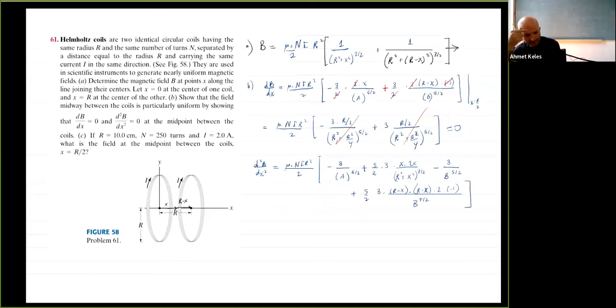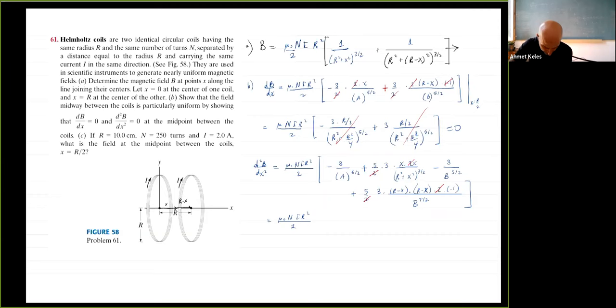Okay, a lot of factors, but I think they'll all cancel. For example, this one goes with this one, and let's substitute x equal to r over 2. So this is going to be mu 0 n I r squared over 2.